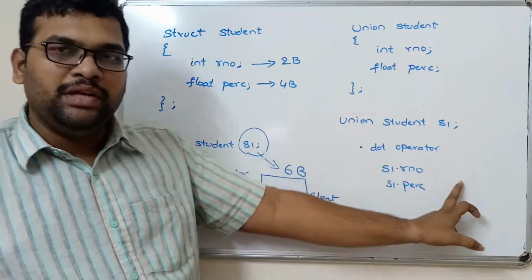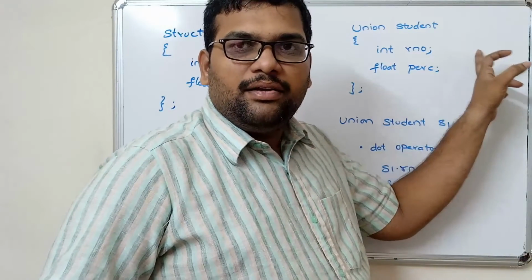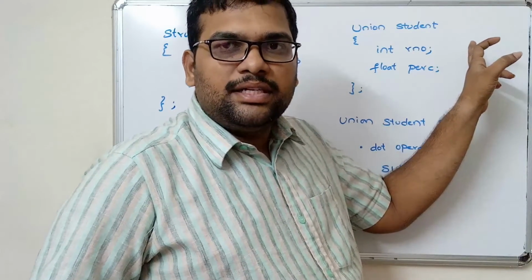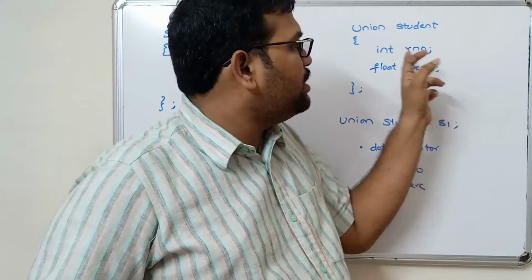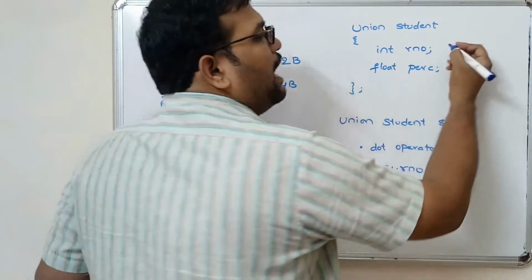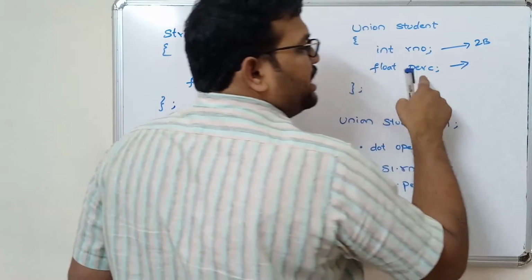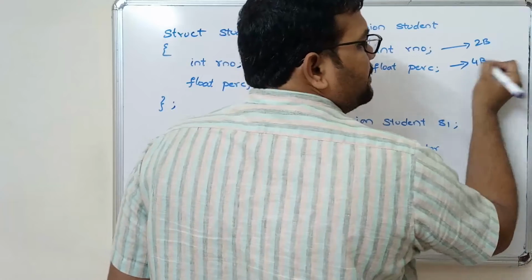Now in this union, first of all it will check the sizes of the individual data members. For rnumber it occupies 2 bytes and for float percentage it occupies 4 bytes.